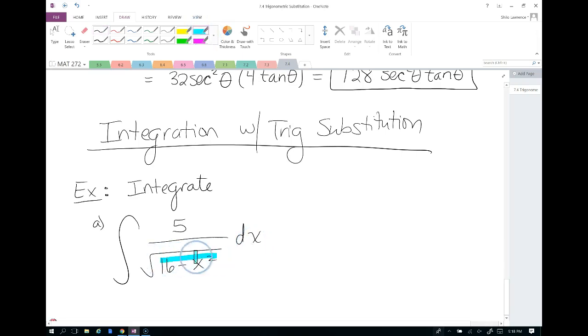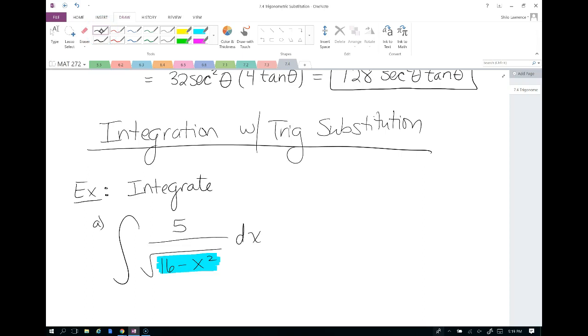Because I see that difference of squares in there, and I know u substitution is not going to work because my u would be 16 minus x squared, my du would still have an x in it, but I don't have any other x's in this problem to get rid of.